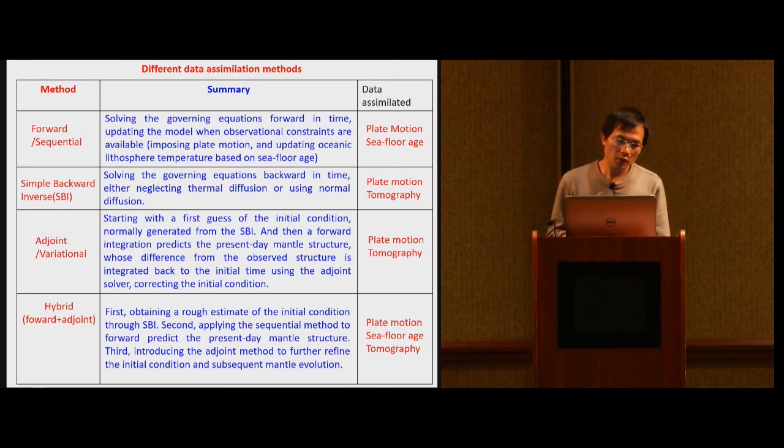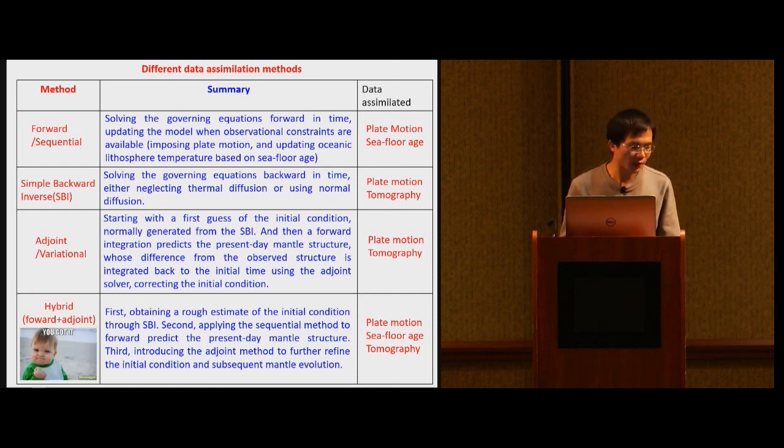With forward data assimilation, it can have a good simulation of the downgoing plate. With adjoint data assimilation, it can restore the initial condition. And with this, as I will show later, this is the best method we can use to study the evolution of the western US mantle.